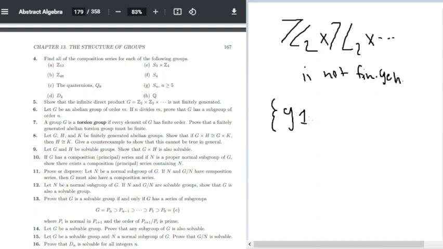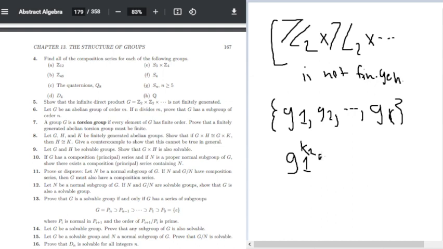So what this would mean is, suppose it was finitely generated. Then we would have G1, G2, all the way up to G sub k that generate it. However, note that every element is of the form, because it's abelian, G1 to the k1, G2 to the k2, all the way up to Gk to the kk.